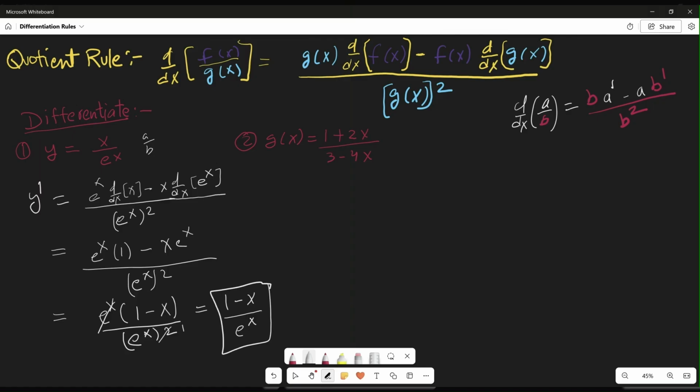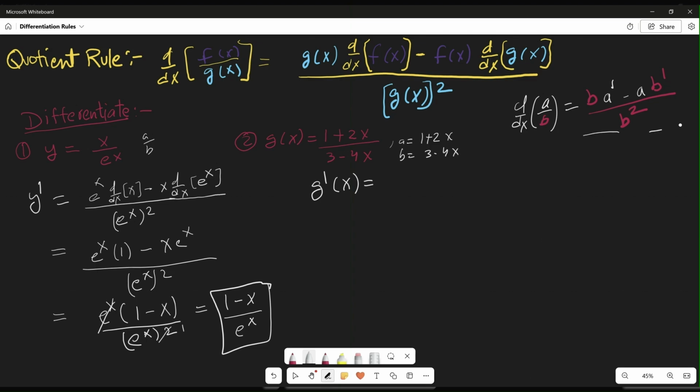Looking at the next problem, this function g of x, let's see what the derivative of this is. Again, a is 1 plus 2x, and b is 3 minus 4x.